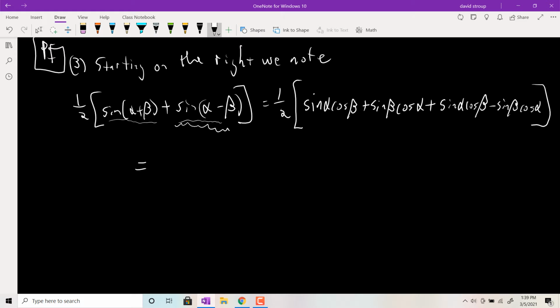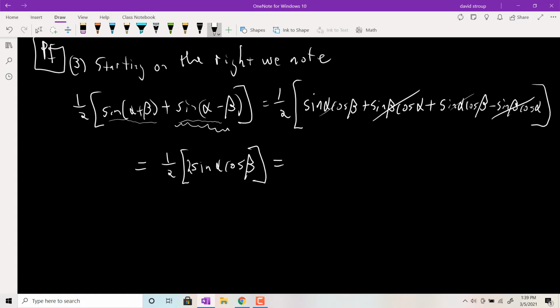Inside these brackets, you'll see some like terms. So you have 1, 2 sine alpha cosine betas. So I have 1/2 times 2 sine alpha cosine beta. And then sine beta cosine alpha minus sine beta cosine alpha is 0.